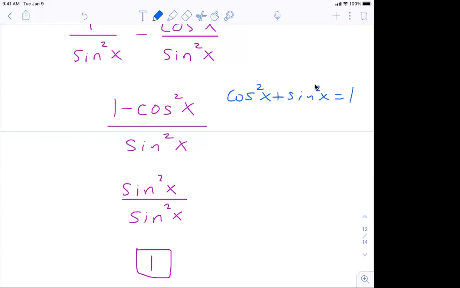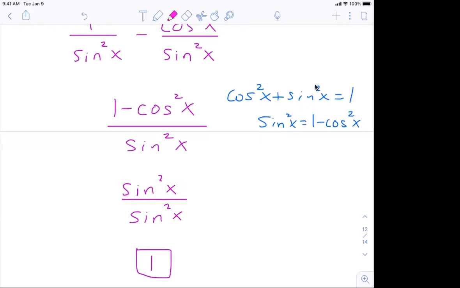So according to this equation, if I moved this over to the other side, sine squared x would be 1 minus cosine squared x. So what I did was replace 1 minus cosine squared x with sine squared x on top.